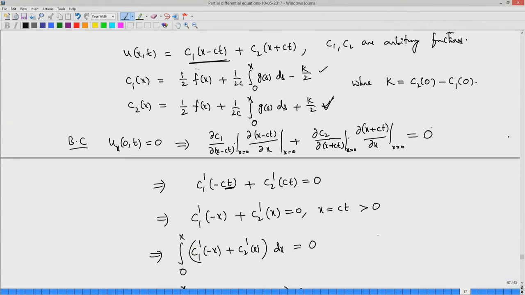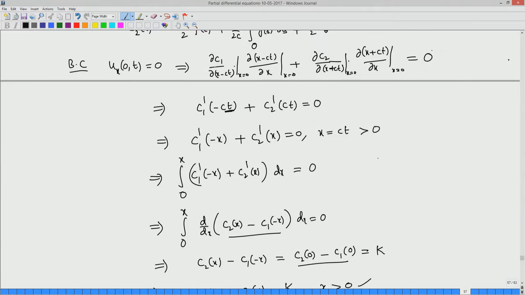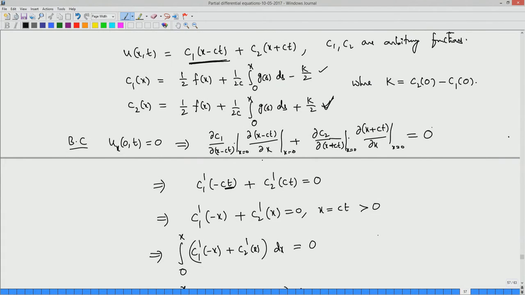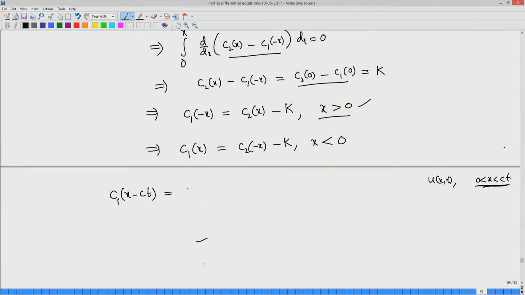So that can be negative. That negative function, when x is between 0 and Ct, C1 of x minus Ct, where x minus Ct is negative, is nothing but C2 of minus x. What is C2? C2 is half f(x), that is half f of minus x. F of minus x means C2 with argument minus of x minus Ct, so you have Ct minus x.